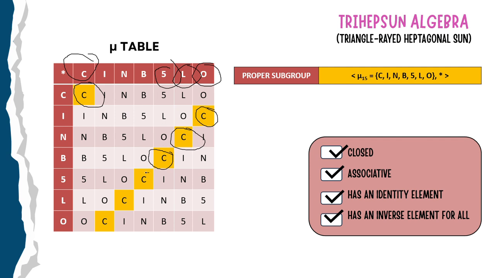For 5, the inverse is B. For L, the inverse is N. For O, the inverse is I.